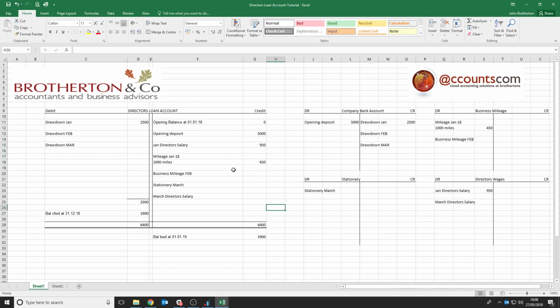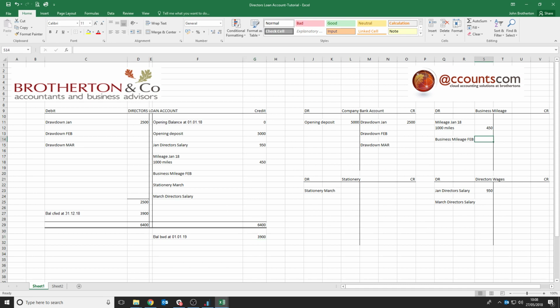So in that scenario, before we took the 2,500 out of the company bank account for the director, he was owed 6,400. We take 2,500 out at the end of January. The director is now owed 3,900. So it's all about just having this rolling balance that is the director's loan account.